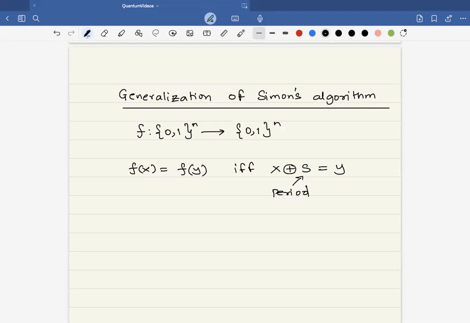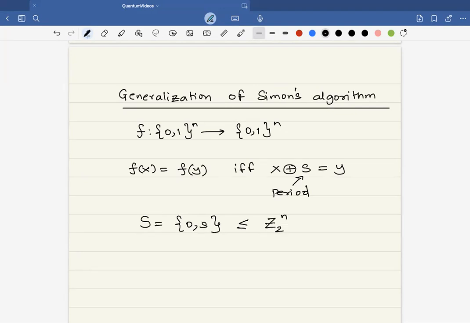Now, we know that we have a circuit for the Simon's algorithm, and we have to run this circuit repeatedly to find the secret period. In one run of the algorithm, suppose I have S, which consists of 0 and S. So this is a subspace of Z2 power n.